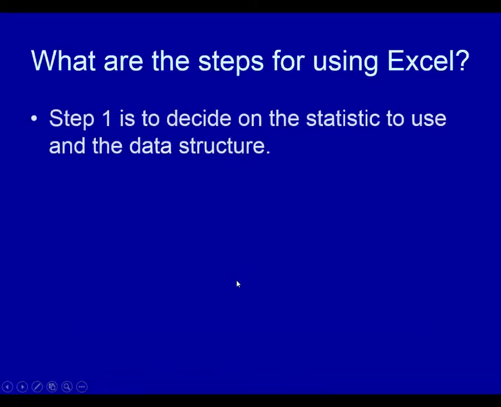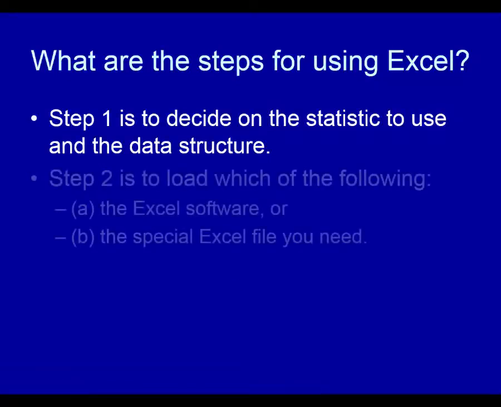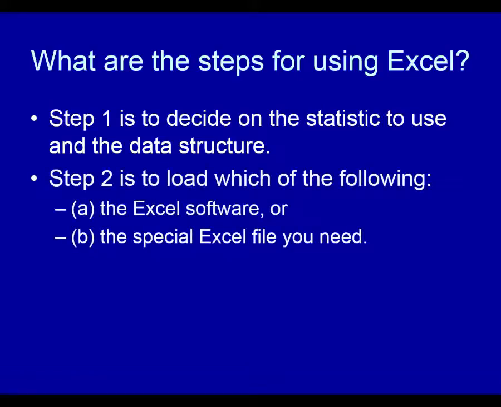What are the steps for using Excel? Step 1 is to decide on the statistic to use and the data structure. Step 2 is to load which of the following? Load the Excel software or the special Excel file you need. Well, obviously you have to load Excel into your computer before you can make any use of it.